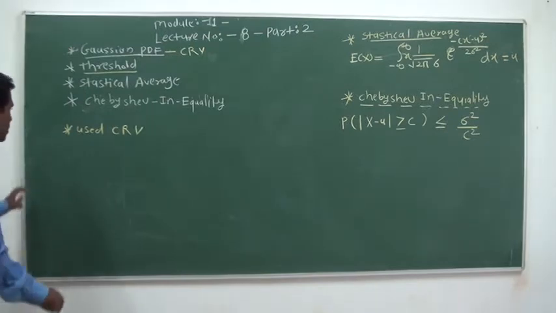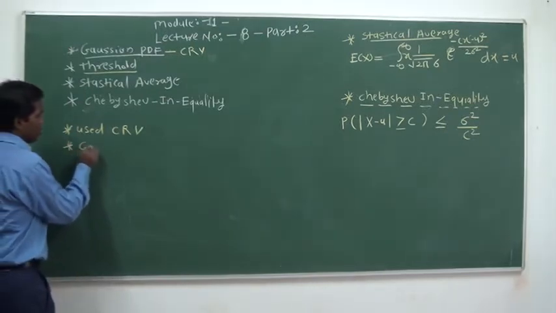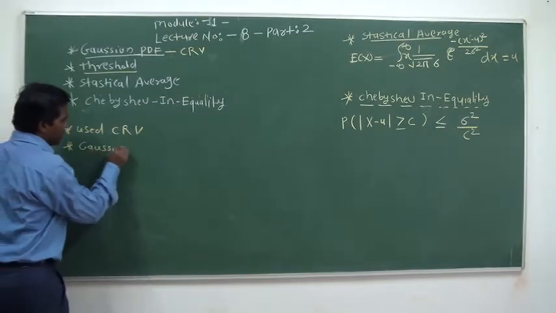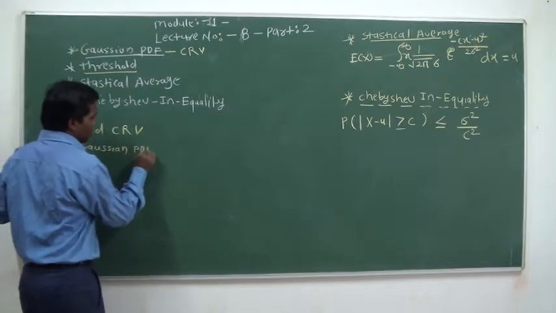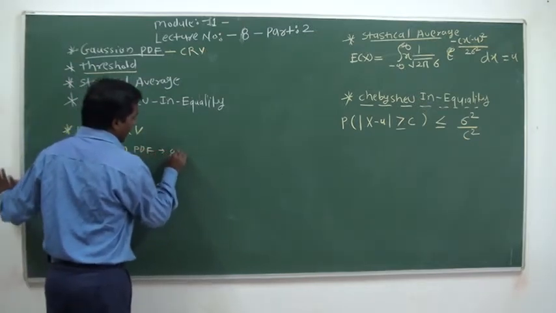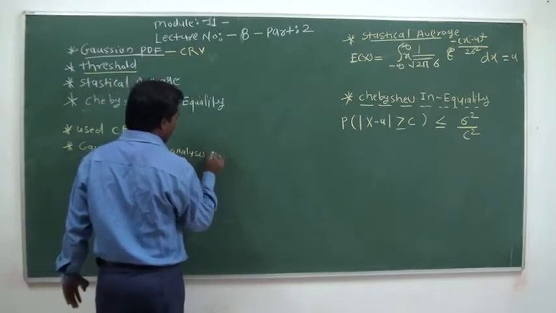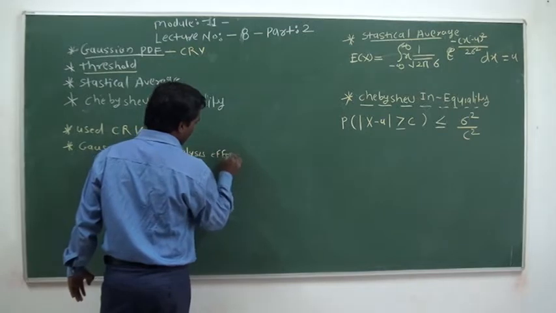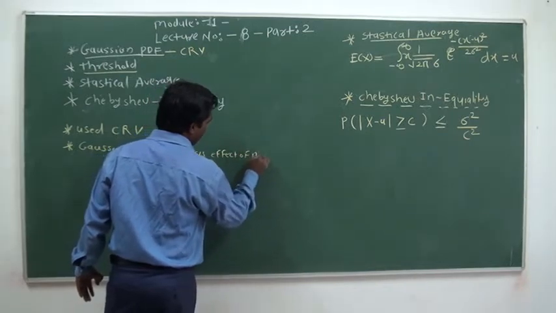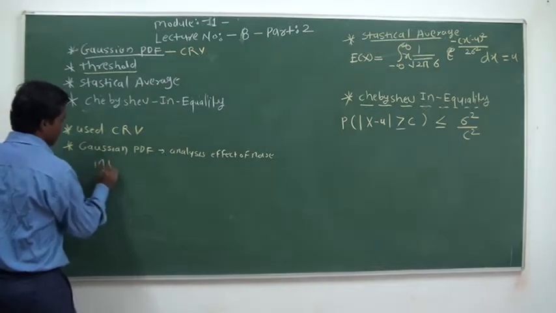The main application of this Gaussian PDF is to analyze the effect of noise in digital communication.